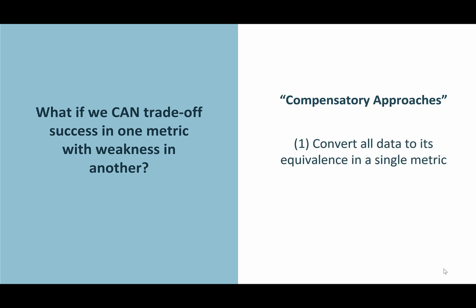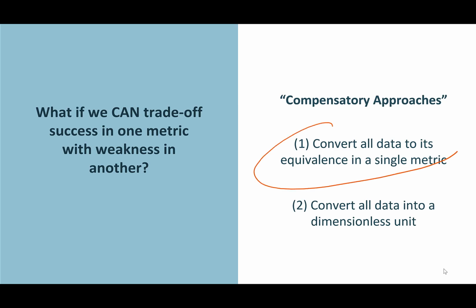One is that you can convert all of the different metrics, in this case, monthly cost and monthly commute time, into just one of those metrics. The second way is to convert all the metrics into a dimensionless unit. We'll look at each of these over a few videos, but right now we're going to look at this idea of converting all the data to its equivalence in a single metric.